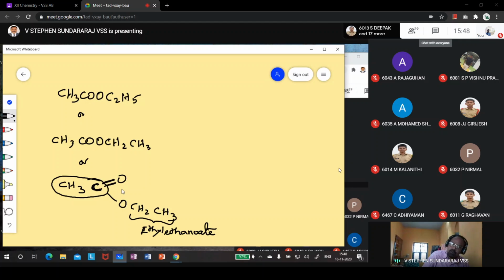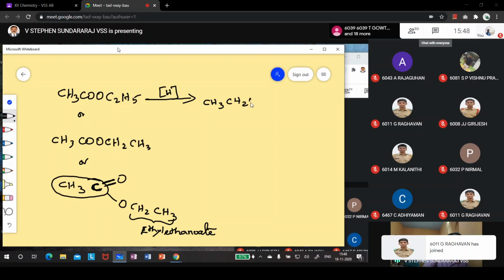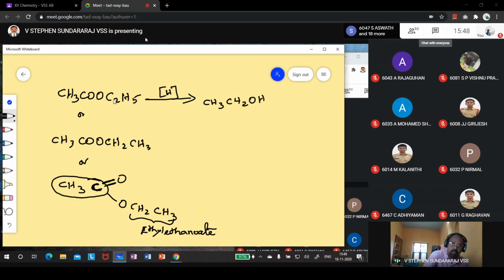And even the COOH group will always be at the terminal, so no need to write 1-oic acid. If you write it also, it is not understood. Okay, so here this one will undergo reduction. And what will be the product? CH3CH2OH. So this acid group will become CH2OH.